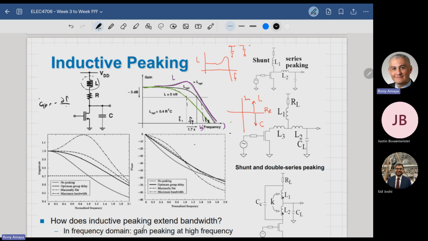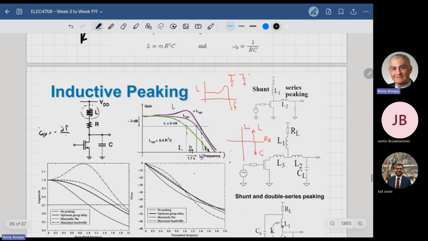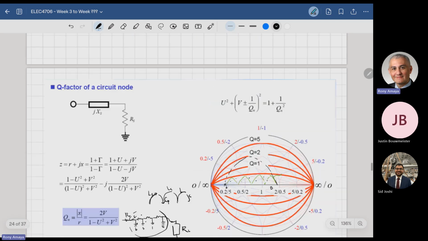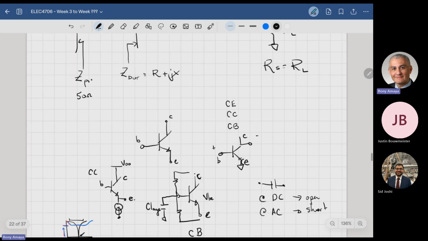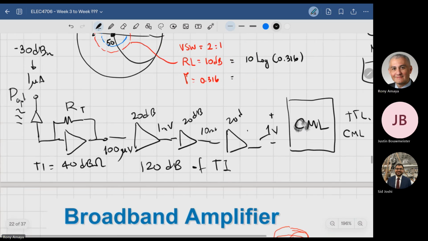So if I go back to the cascaded amplifier that I did for you guys here, right here. So this one has a Butterworth control, right?